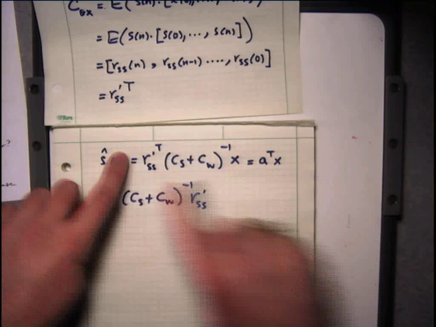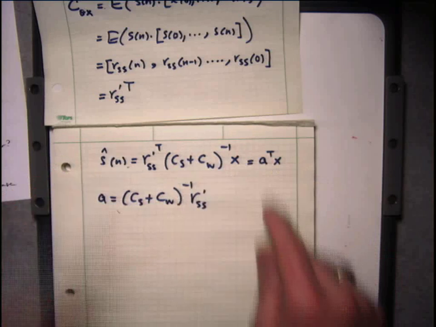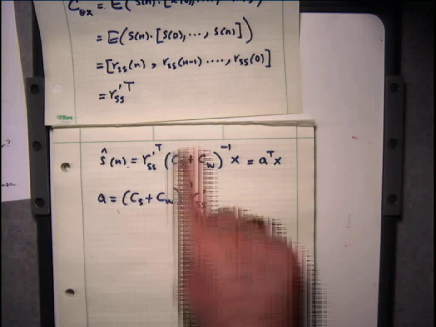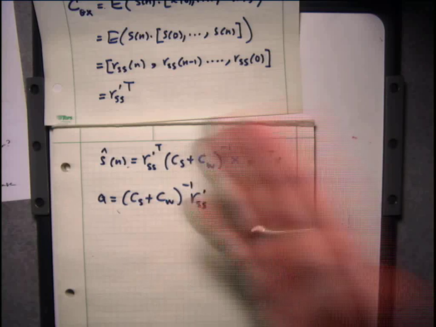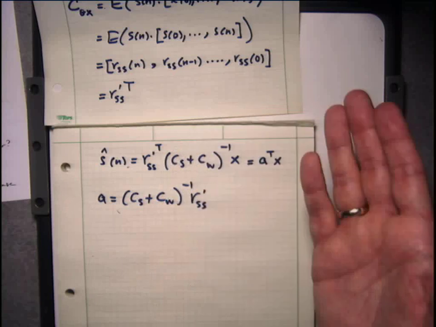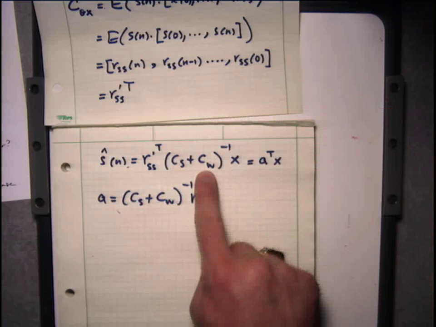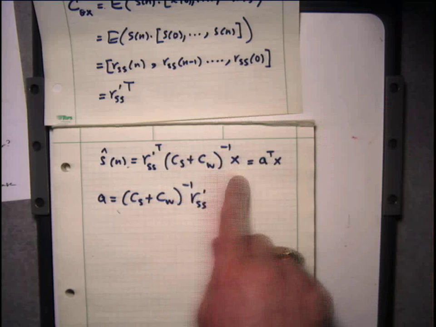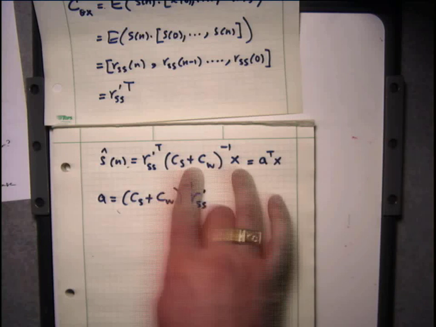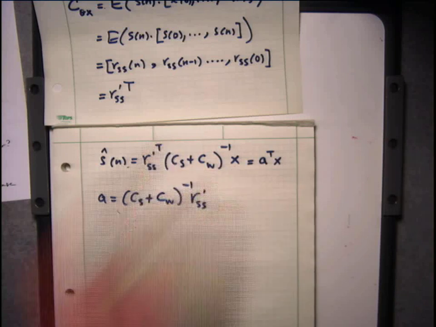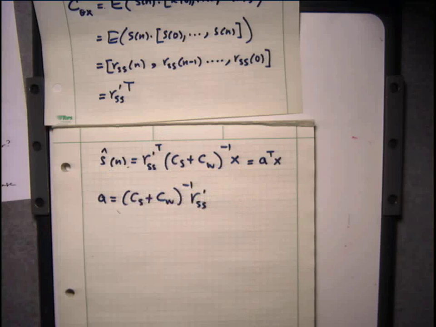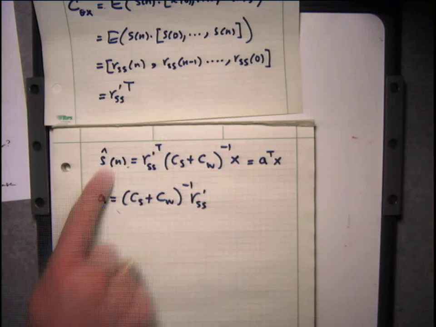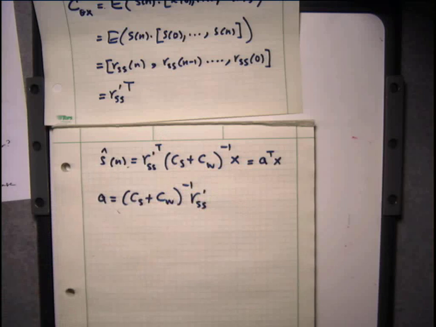But if you want to look at this whole thing here, CS plus CW is the covariance of X. So this term here, CS plus CW inverse times X, essentially does some kind of whitening on X. And then it takes that whitened version and correlates it with the autocorrelation function of S. The point is, in order to estimate this S hat, you don't know what S hat is.